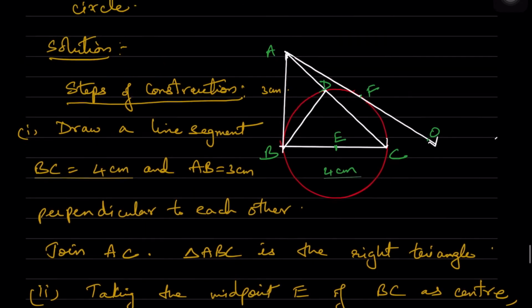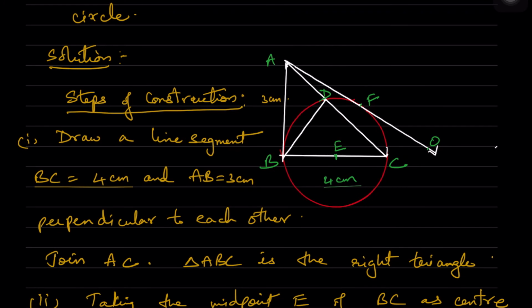Now going into the problem, you can see from the figure also. First we take a line segment BC, then perpendicular to that we draw one more line AB which is 3 centimeters, BC is equal to 4 centimeters. Then we take the center of BC, that is E. EB is equal to EC which is equal to 2 centimeters.